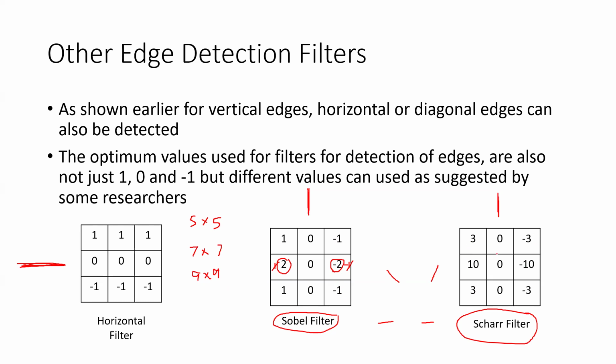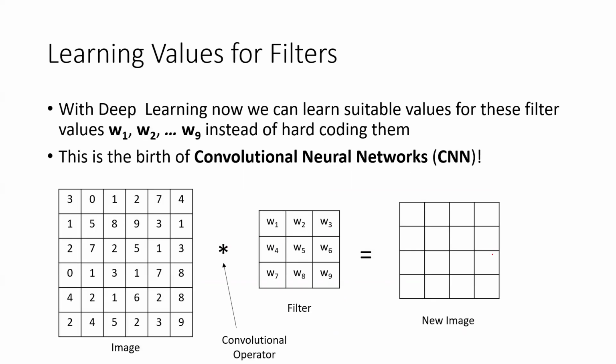So instead of giving these hard coded values from previous experiments, what if we can let the filter learn itself, right, using a machine learning model?